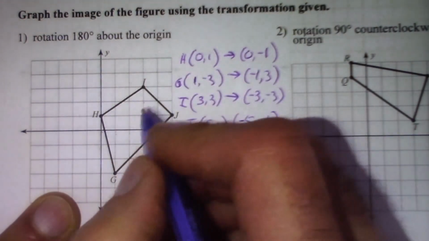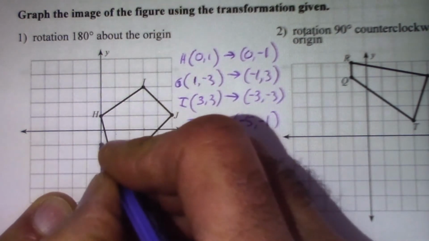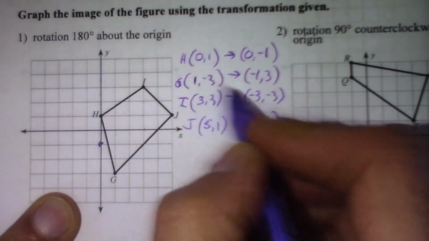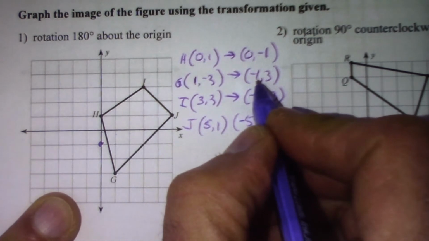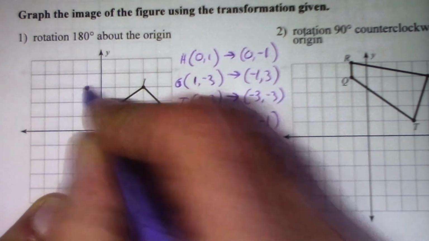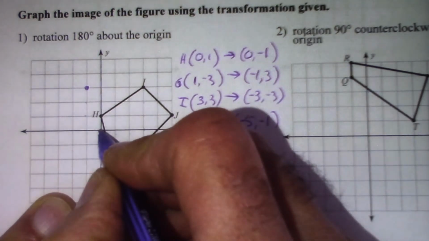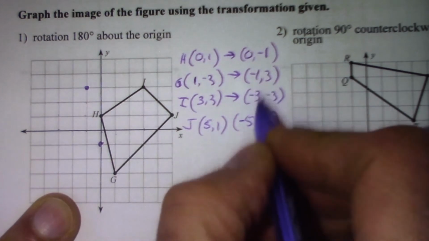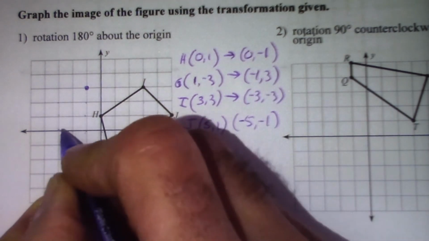So 0, -1 is here. Okay? And then -1, 3. So -1, 1, 2, 3 is here. -3, -3. Oh, it's -3, -3. 1, 2, 3, 1, 2, 3.